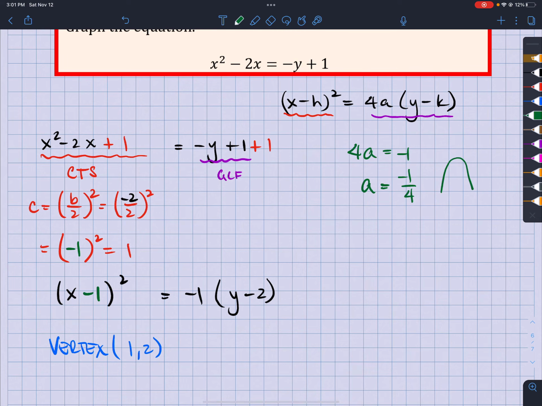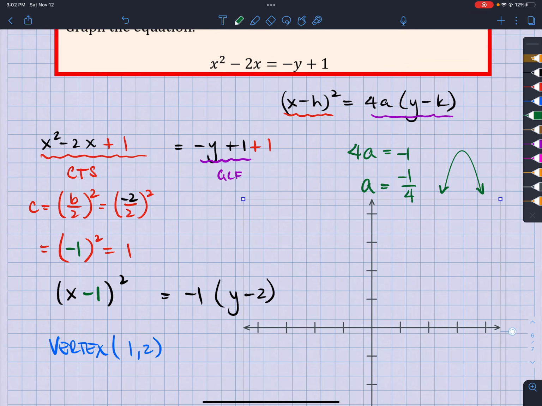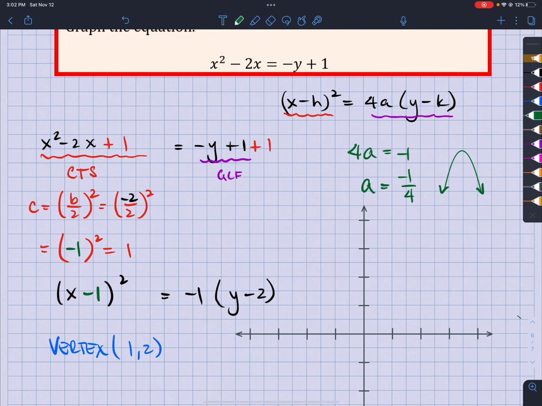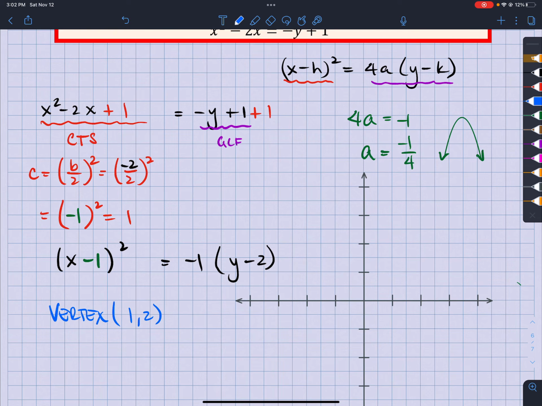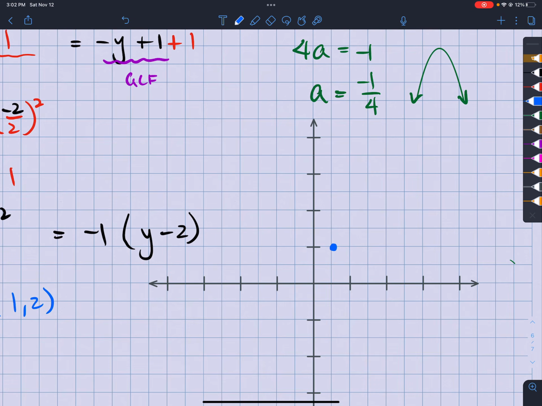Let's draw that nicer, like that, right? So I know it's going to be facing down. Okay, so if that's the case, and my vertex is at (1, 2), I know it's going to be facing down, and I know my A is -1/4. Oh boy.